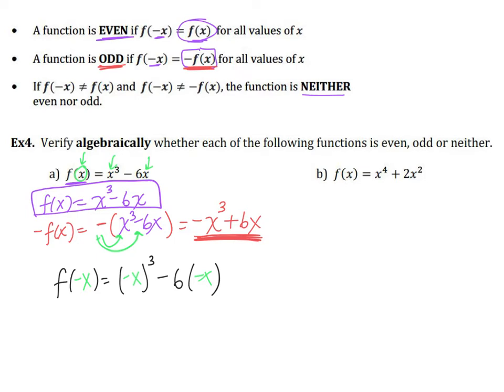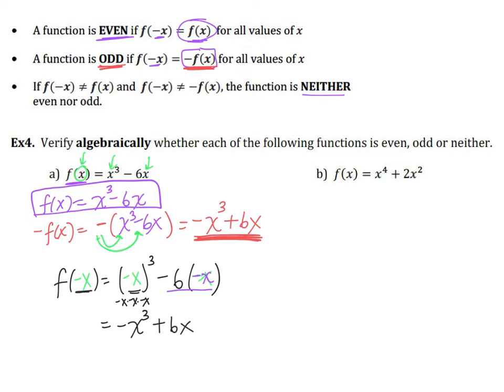Now I need to simplify that. A negative x times a negative x times a negative x, hopefully you're saying a negative times negative times negative is negative. So I get negative x cubed, and then a negative 6 times negative x. Negative times negative is positive, so that becomes positive 6x.